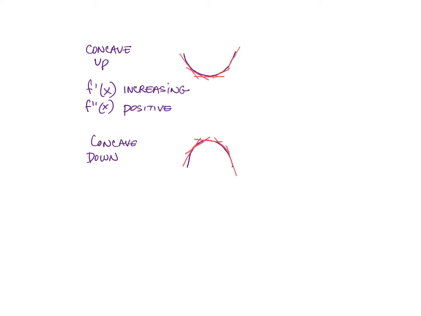So if something goes from positive to negative, we can say that it is decreasing. So we know that f prime of x is decreasing, and that means that f double prime of x must be negative.